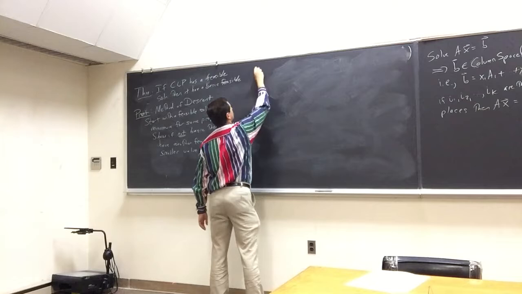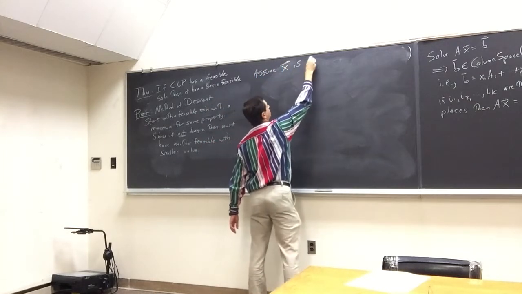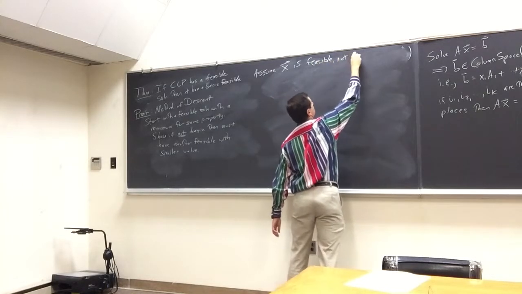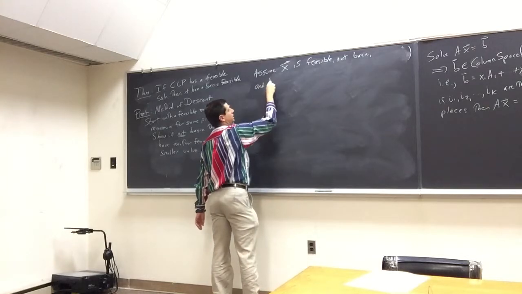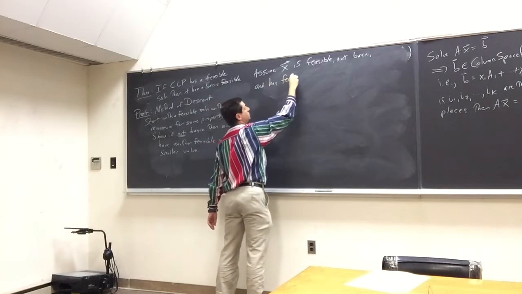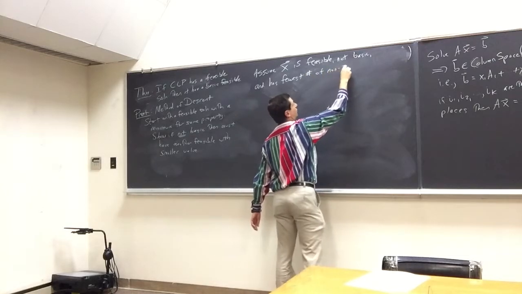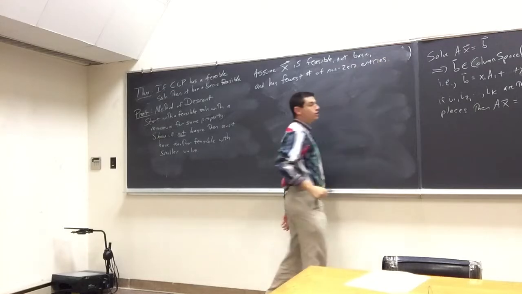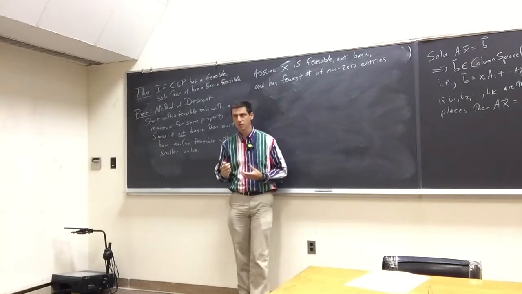So assume X is feasible, not basic, and has fewest number of non-zero entries. There could be lots of different solutions that have the same minimal number of non-zero entries.